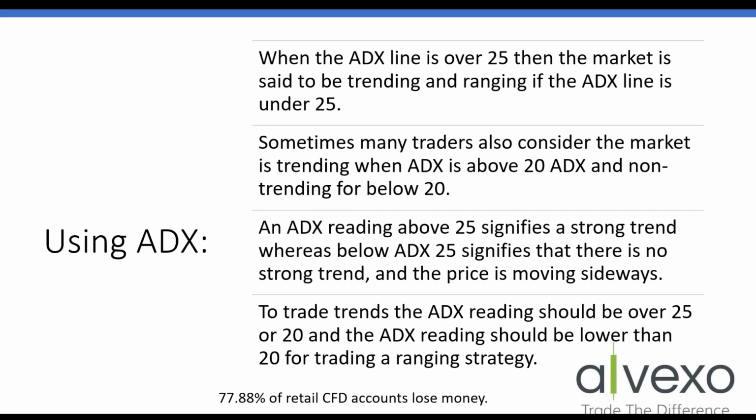To trade trends, the ADX reading should always be over 25, or 20 if you choose. And the ADX reading should be lower than 20 for trading a ranging market. Since I don't ever trade ranging markets, I don't ever advise it. When it's under 20, we just make no trades.